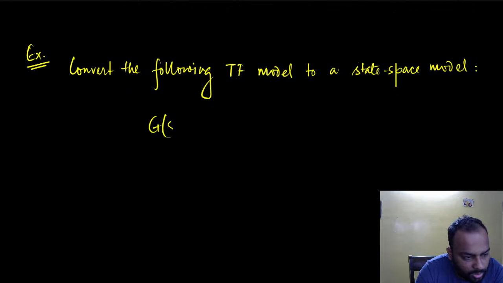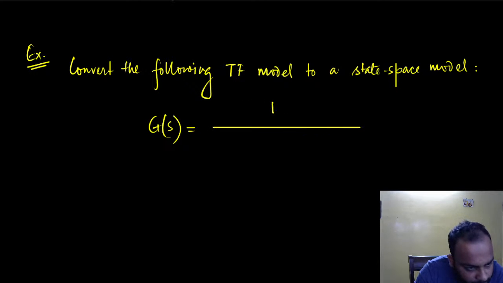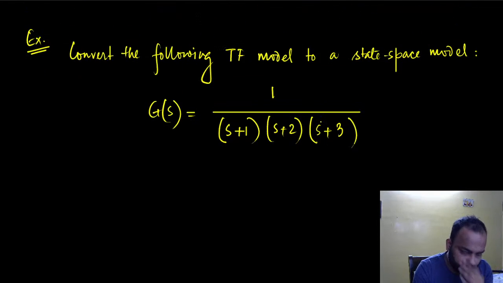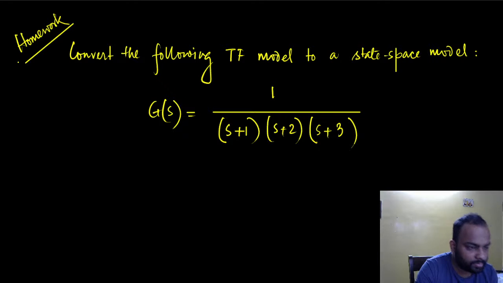So this is the transfer function model. Try to convert this to a state space. Right, this is your homework. This is in no way the assignment, but this is your homework.